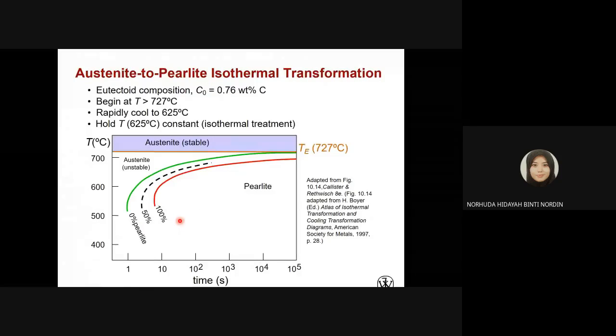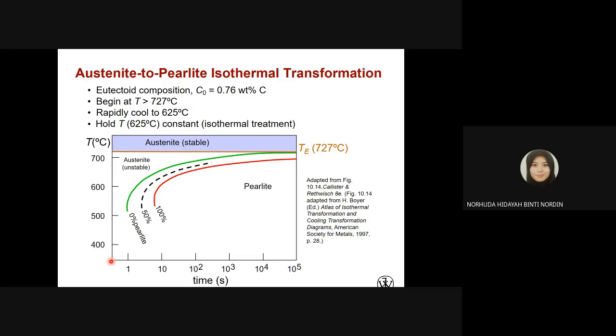Basically, in your exam, they will give a condition like this. Austenite to pearlite. This is austenite, and this is the pearlite region. When the time increases, the austenite will transform to pearlite as you reduce the temperature, because you cool it.